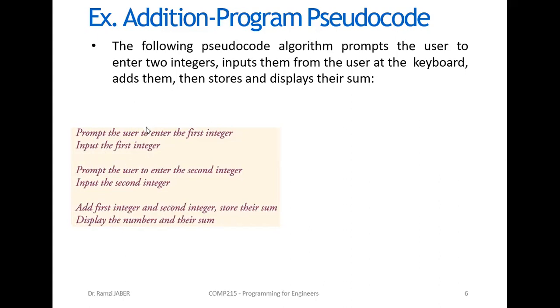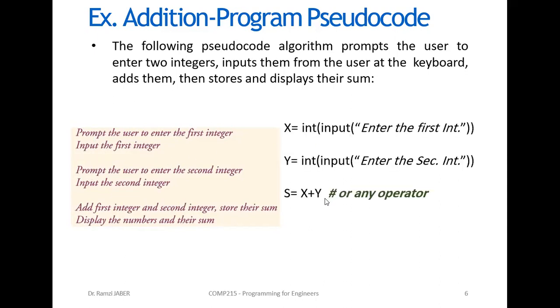Then you can convert this pseudocode algorithm to your Python code or C code or Java code. So here x equals int, conversion to integer, of input. Here we input, enter the first integer.